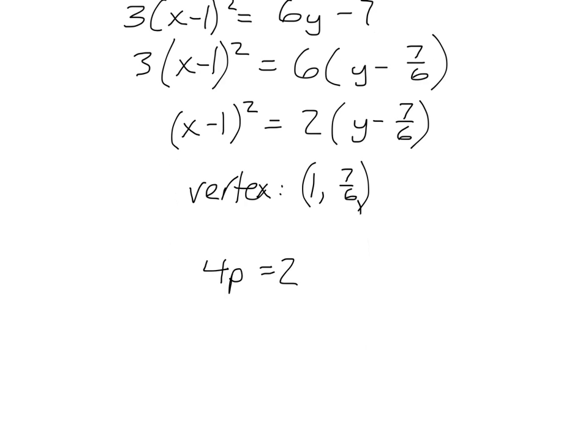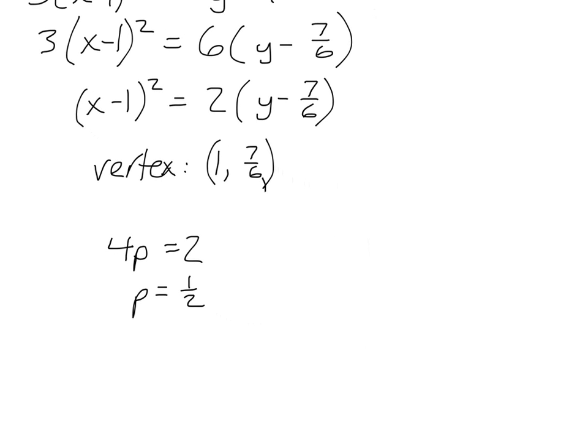That just means that p equals 1/2. You can solve that algebraically. Now, when we pulled this off of our blue sheet, we used the equation for the up and down parabola. So now all we have to do is decide if it's up or down.